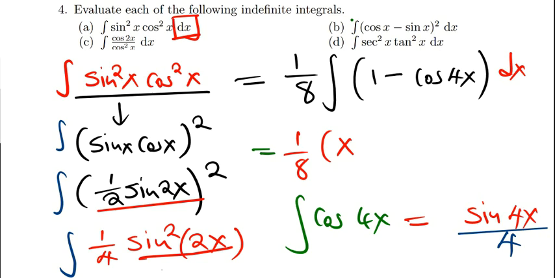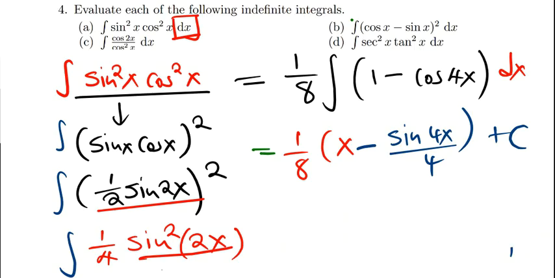Okay, so implying that what we have is minus, maintaining that negative, the integral of that has given us sine 4x over 4. And then of course plus constant c at the end of the day.